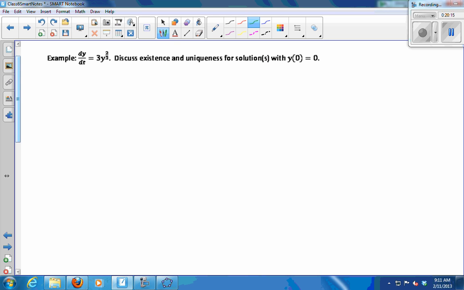Okay, so I want to discuss the existence and the uniqueness for solutions that have this initial condition. 3y to the 2/3, is it continuous at 0? Yeah, it's continuous at 0. So 3y to the 2/3 is continuous at t equals 0 and y equals 0.